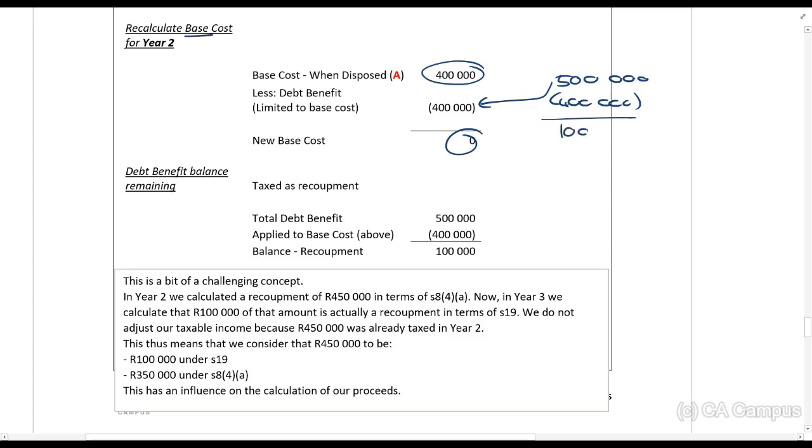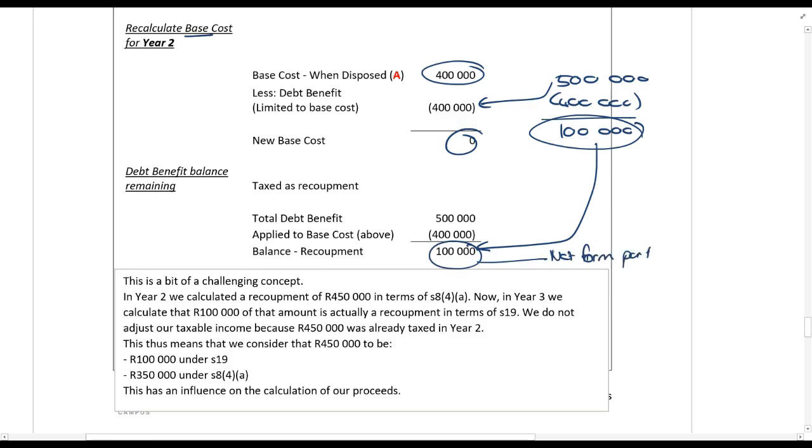So we're left with 100,000 rands. This 100,000 rands is a recoupment, as you can remember. But now I want you to understand, this recoupment does not form part of proceeds.